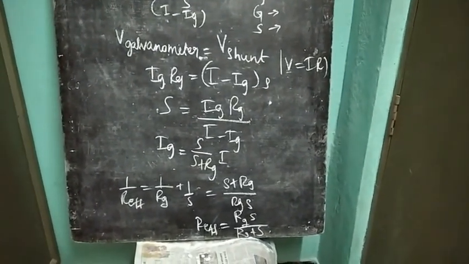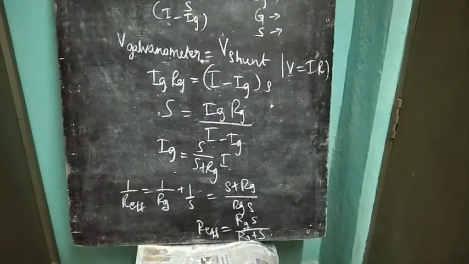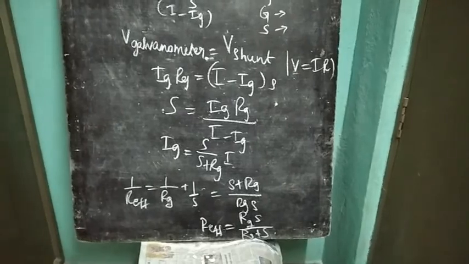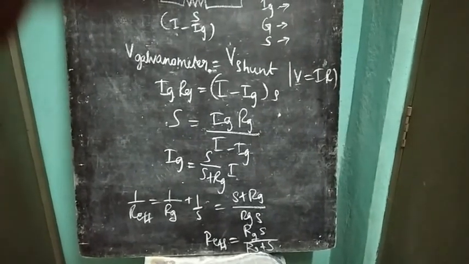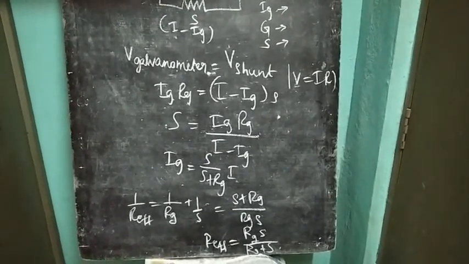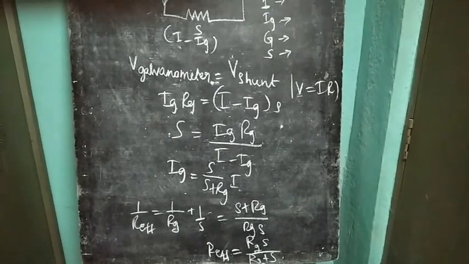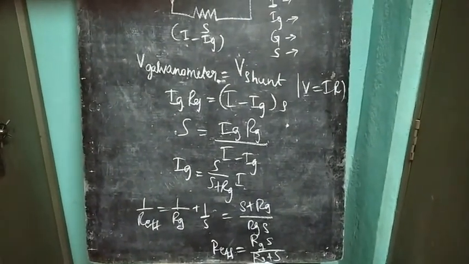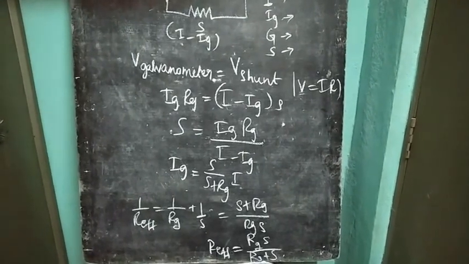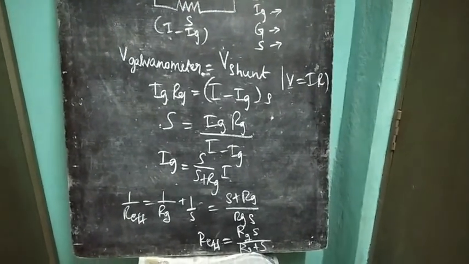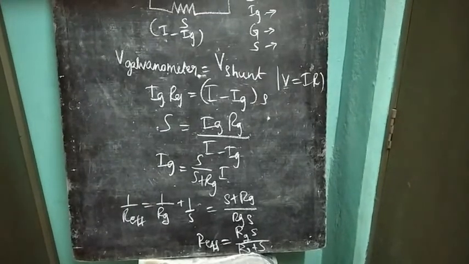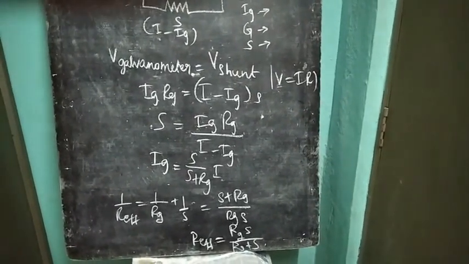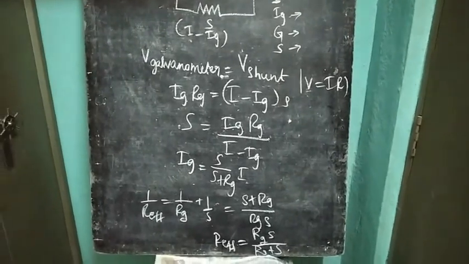An ammeter is a low resistance instrument and is always connected in series to the circuit. It should not be connected in parallel to the circuit because it has very low resistance. An ideal ammeter has 0 resistance. Ideal ammeter means it measures the current without changing its magnitude.